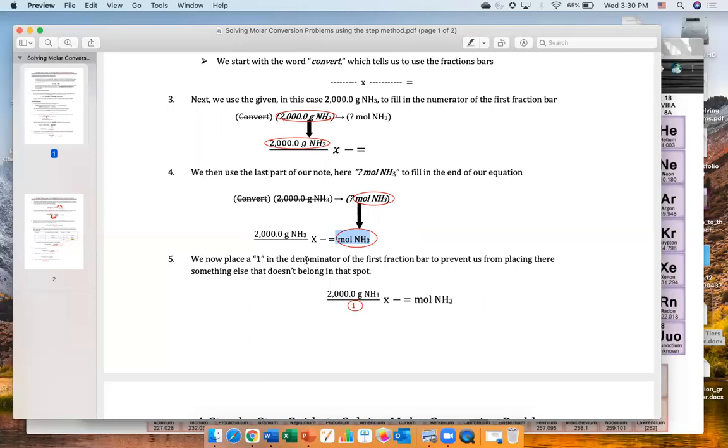So we now place a 1 in the denominator of the first fraction bar to prevent us from placing something else there that doesn't belong in the spot. Really, nothing for our purposes in this class goes in this spot. But what does your mind do when it sees a blank spot in a math equation? It wants to put something in there. I found myself just sticking numbers in here.